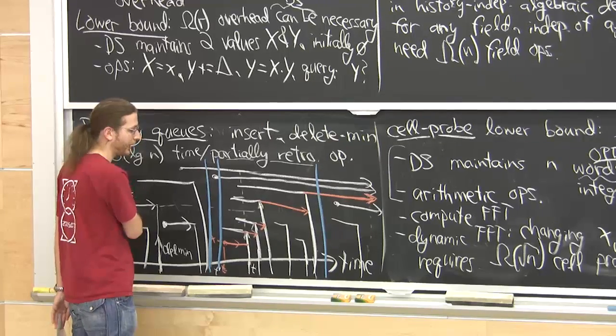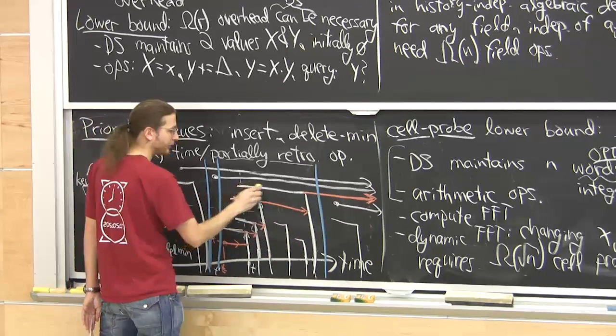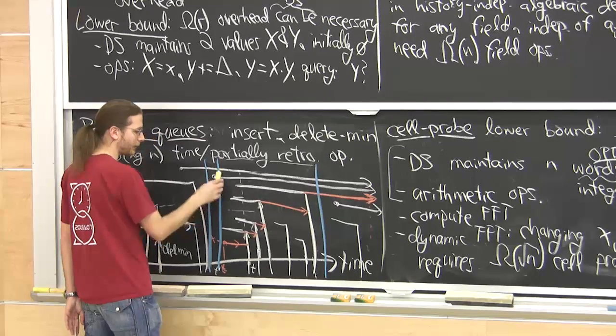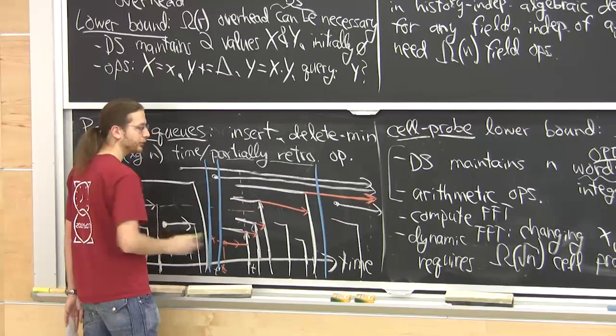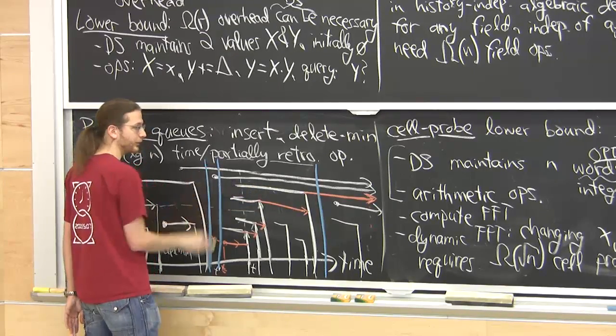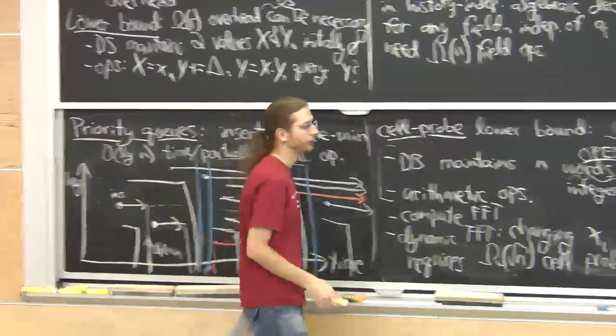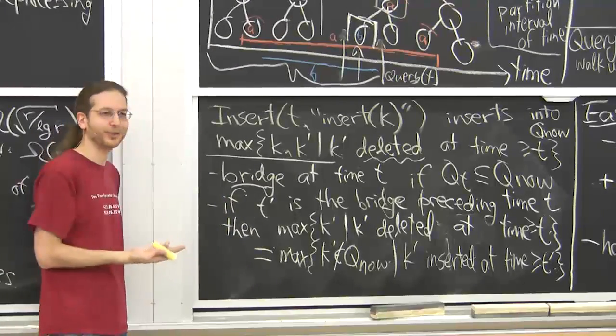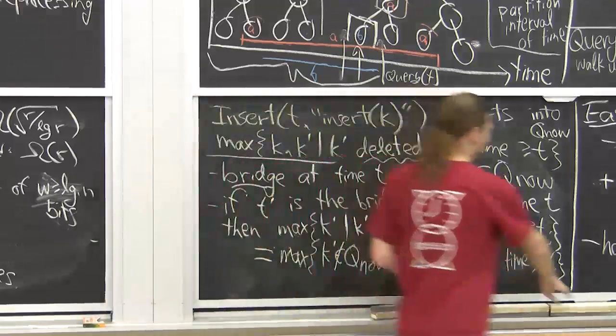I only want to know the max. The max among all the ones deleted here is this uppermost segment. And that's the same as the max among all the guys that are inserted after here. So it's really just a claim about this one being inserted after this bridge. I won't prove this lemma. You think about it for long enough, it becomes obvious. I'll leave it at that.